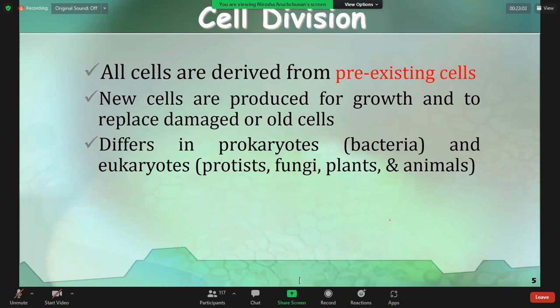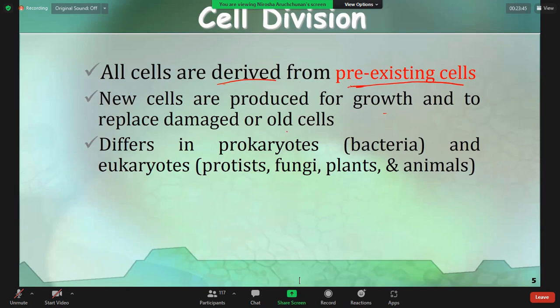All cells are derived, meaning formed, from pre-existing cells, already existing cells. Cells are not formed from new things. From one cell only, new cells can be formed. New cells are produced for growth and to replace damaged or old cells.